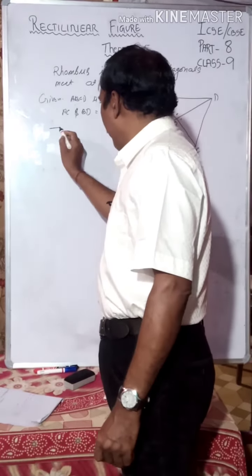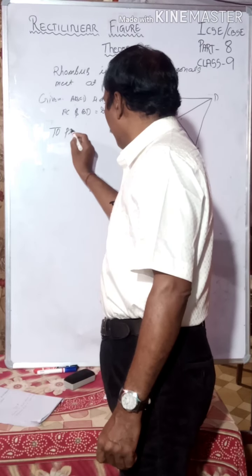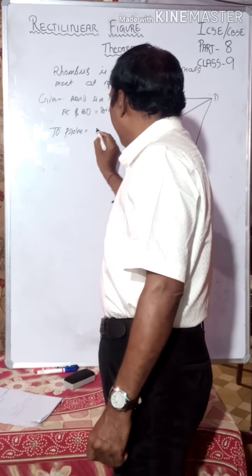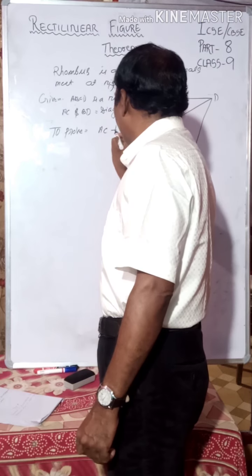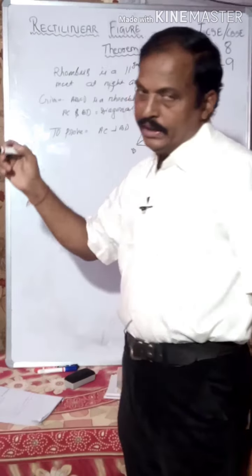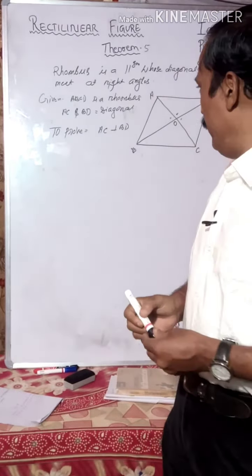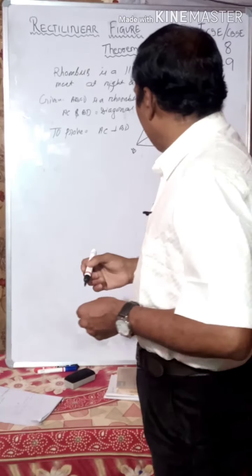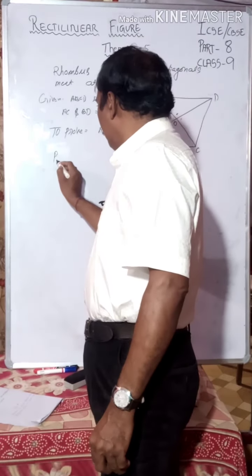To prove they meet at 90 degree, means AC is perpendicular to BD. This much. AC is perpendicular to BD. Then prove.